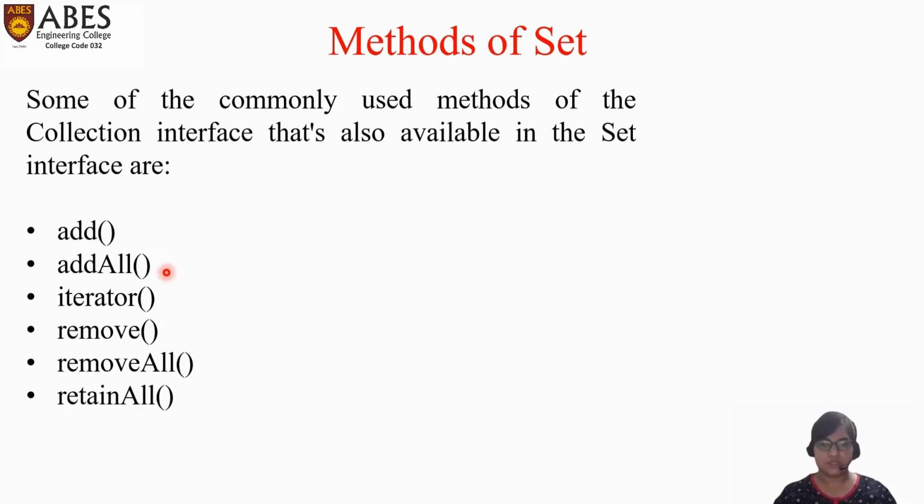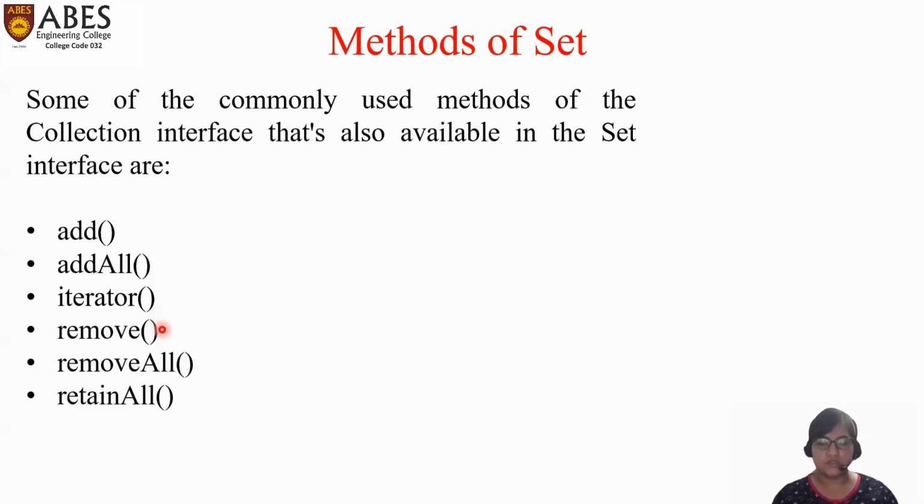With the help of this method, we can add all the elements of the specified collection to the set. Maybe the elements are present in some other specific set. Next, we have the iterator method. The iterator method returns an iterator that can be used to access elements of the set sequentially. It means the iterator method works in a sequential manner.